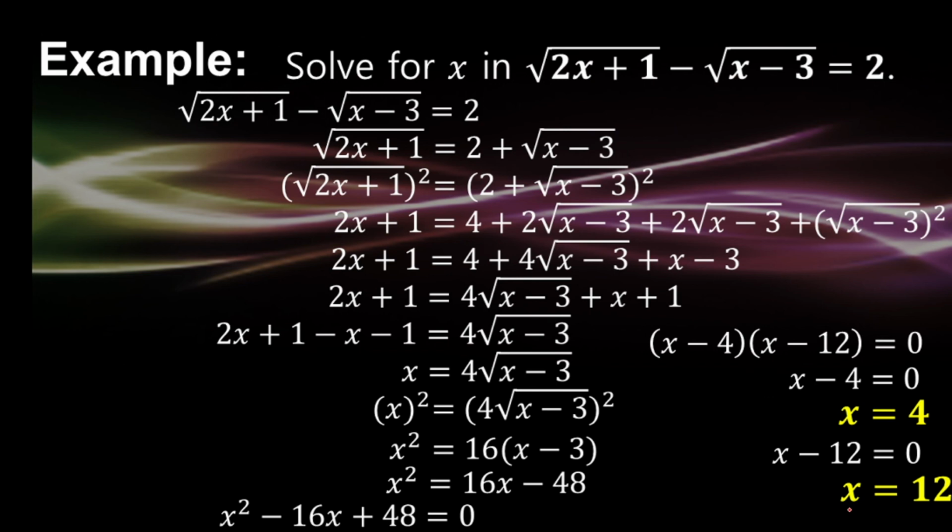Next, if we have x is equal to 12, we are going to replace the x in the original equation with 12. So we have the square root of 2 times 12 plus 1, which is the square root of 25, which is equal to 5, minus the square root of 12 minus 3, which is the square root of 9, which is equal to 3. 5 minus 3 is equal to 2.